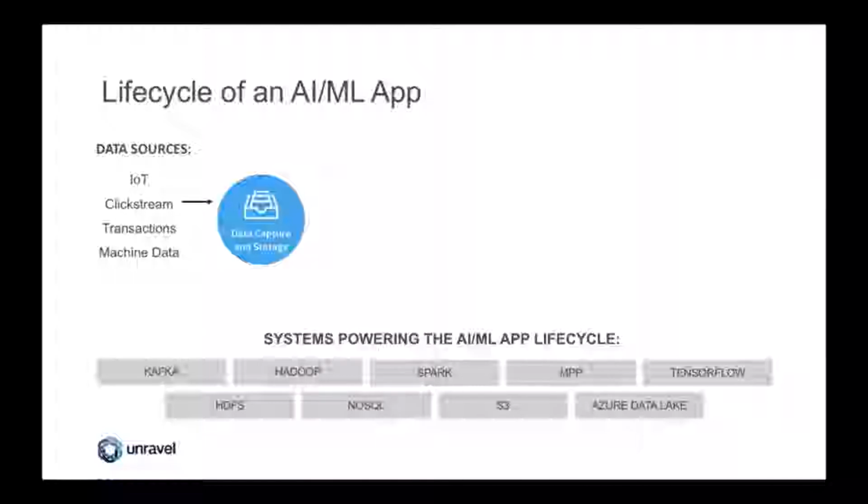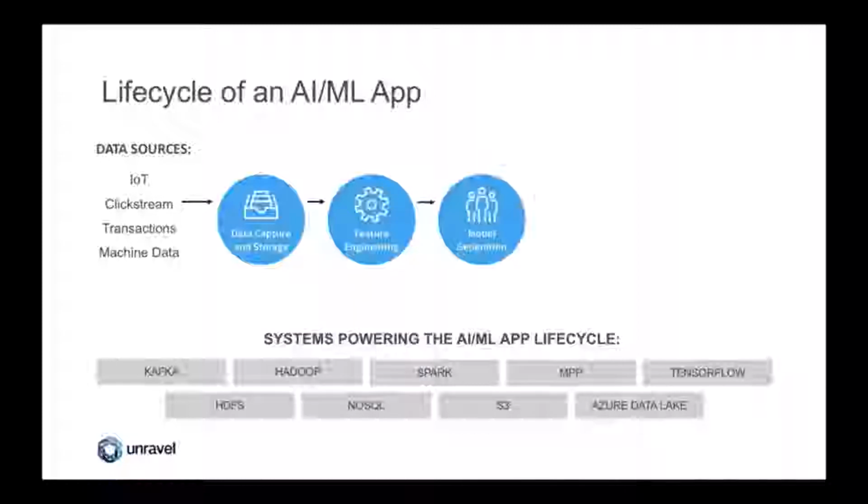Once the data is stored and captured, that's when the AI and ML journey really starts, usually with feature engineering, which involves identifying the right attributes to extract from the data, on which you can start to build models. There are a whole suite of different kinds of models, like deep learning models on one end, where a lot of innovation is happening today, to more traditional models like support vector machines and random forests.